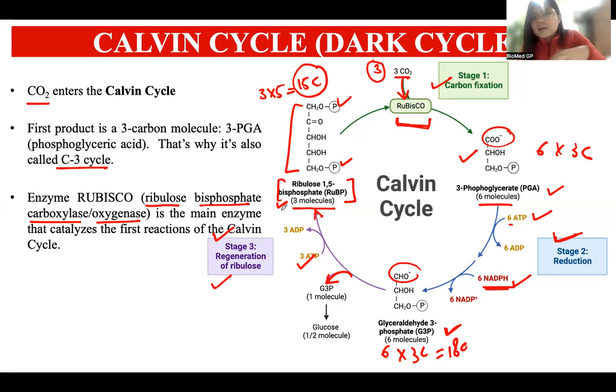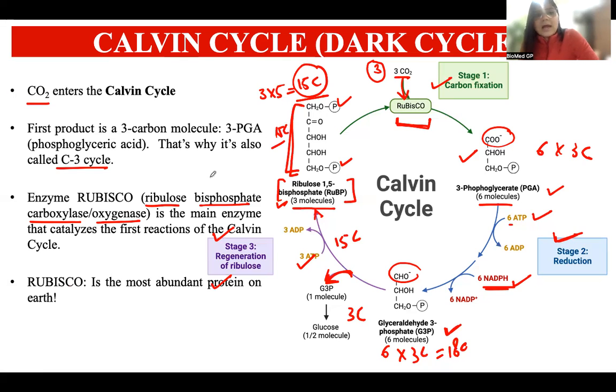And then these are going to be rearranged in a way where 3 carbons are exiting this cycle for the formation of glucose, and the remaining 15 carbons are phosphorylated and rearranged in the form of RuBP molecules. So again, we have 15 carbons here, you can see. So there is regeneration again. And Rubisco is the most abundant protein present on the earth.